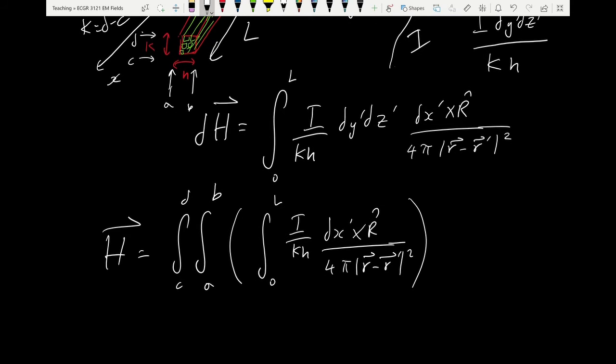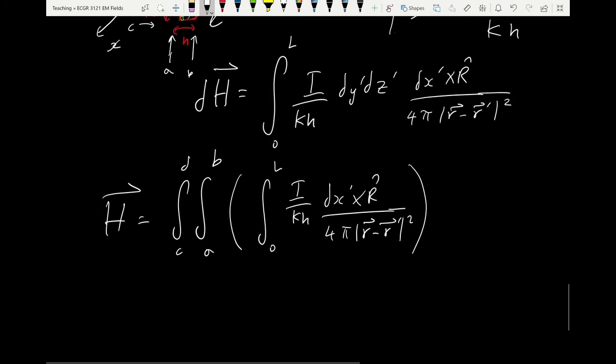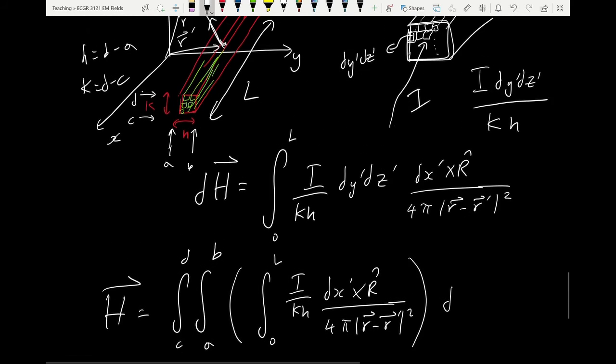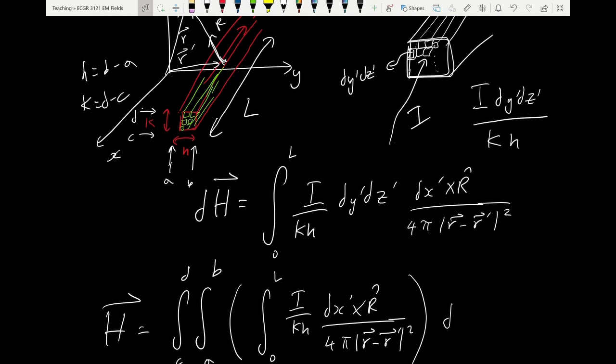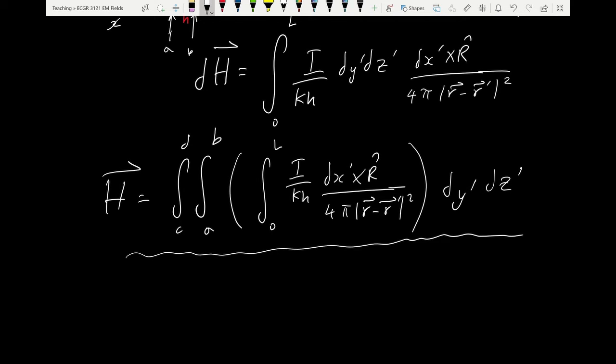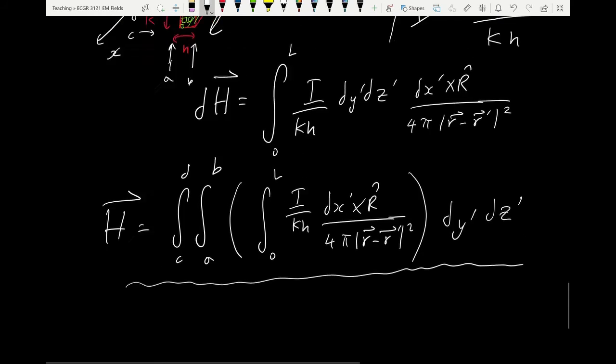This is the integration over one filament, and then I have a double integral to do all the filaments. So I start by integrating across dy prime, and then I integrate across dz prime, and that gives me the total field due to such an object.